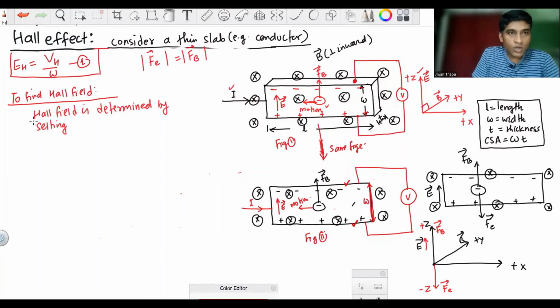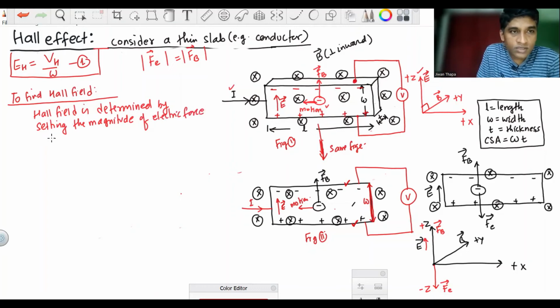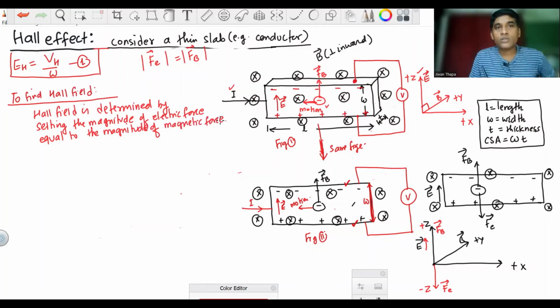So I'm writing Hall field is determined by setting the magnitude of electric force equal to the magnitude of magnetic force. So we have this, and let me do some rough work.